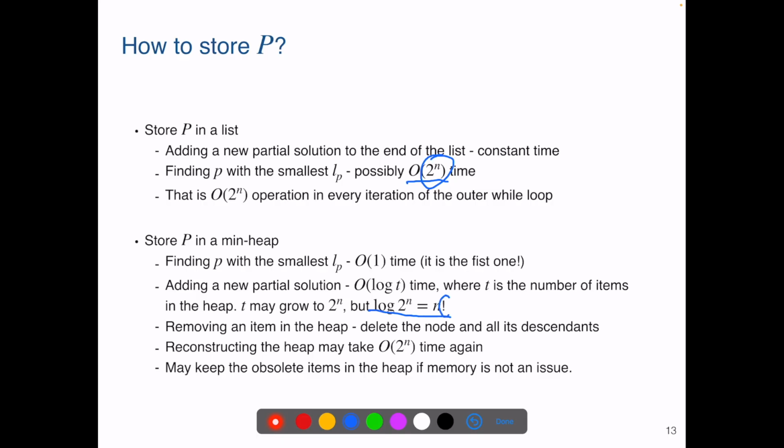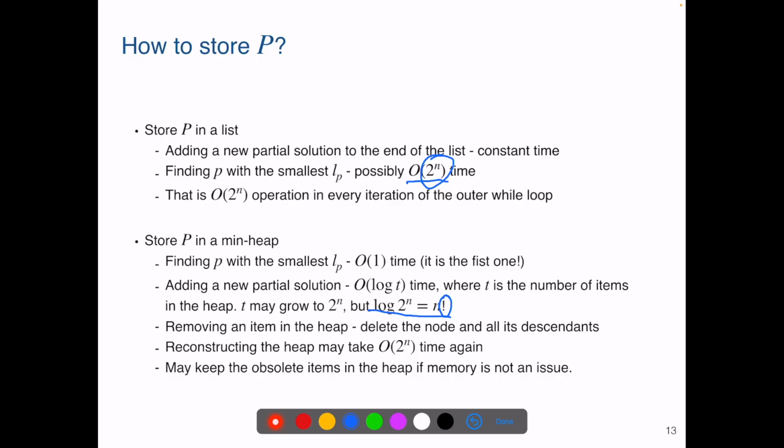This is not factorial, but an exclamation point. Again, we may need to remove an item in the heap, and we may need to reconstruct the heap. That will take big O of 2 to the power of n time again. We could consider keeping those obsolete items in the heap if memory is not an issue.